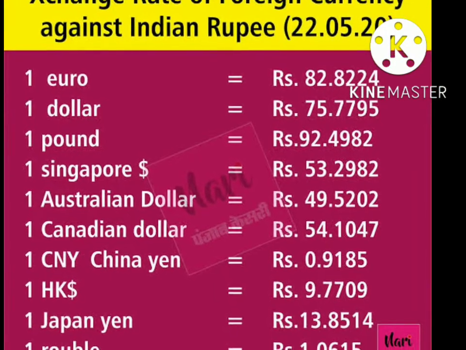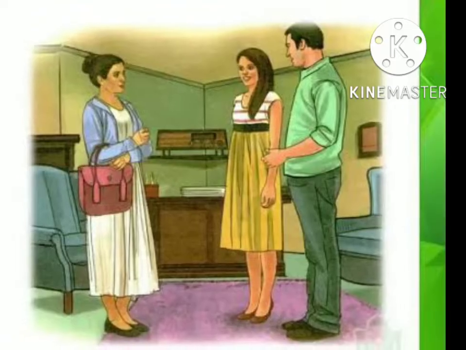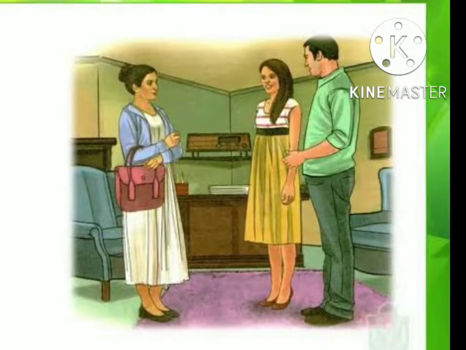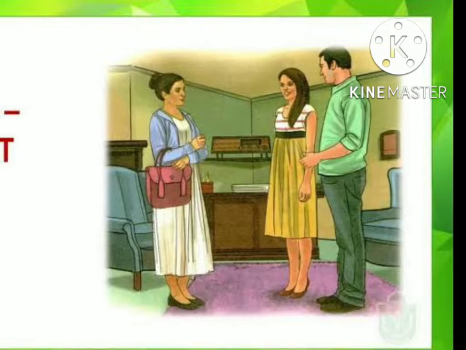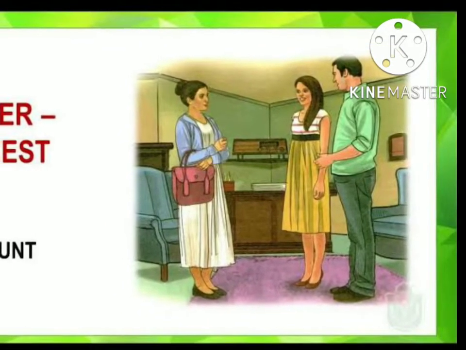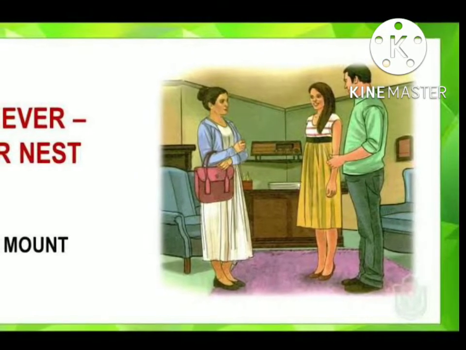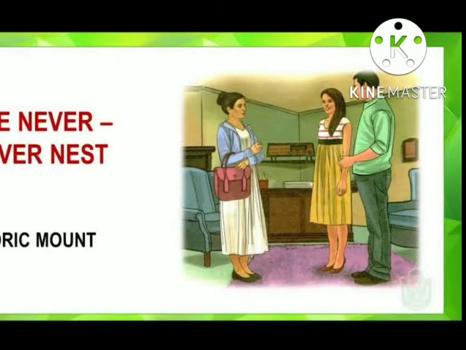So in short, they are living in a posh way, even though they don't have much salary or savings. They are utilizing their money in a big manner, in a posh manner. They don't want to save for the future. They are simply spending money on buying all the necessary items.